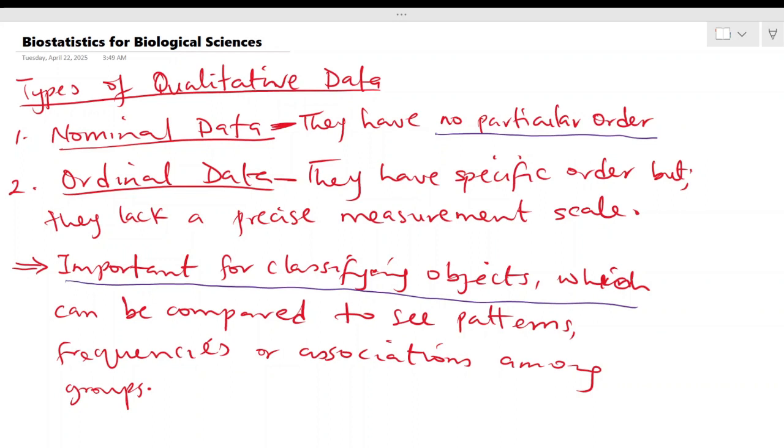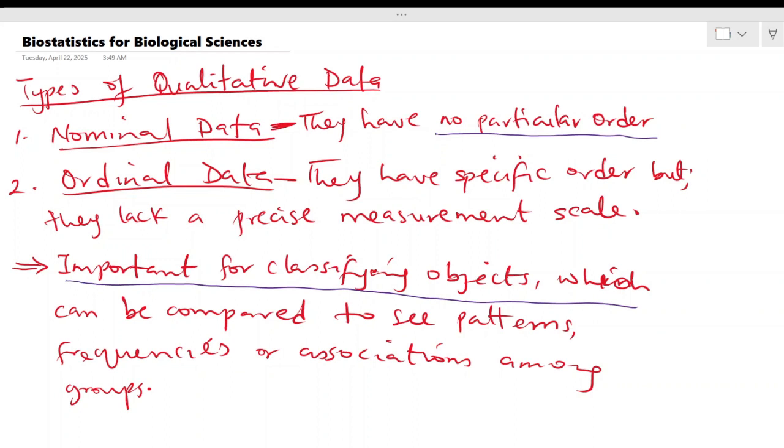For example, knowing the distribution between different blood types in a population could help healthcare providers manage blood banks effectively. So it compares and makes you see the patterns of frequencies.